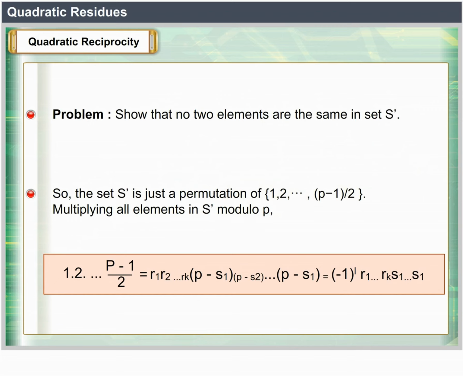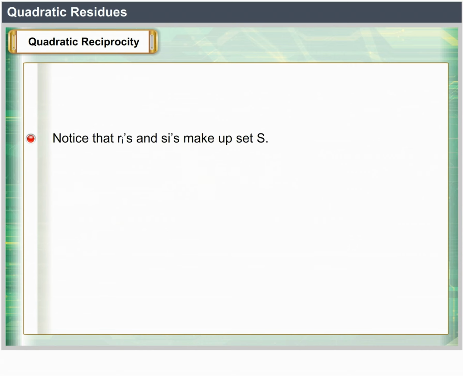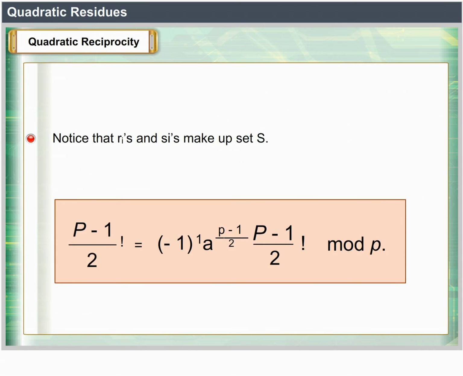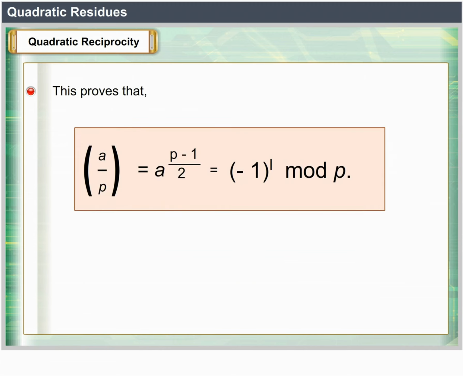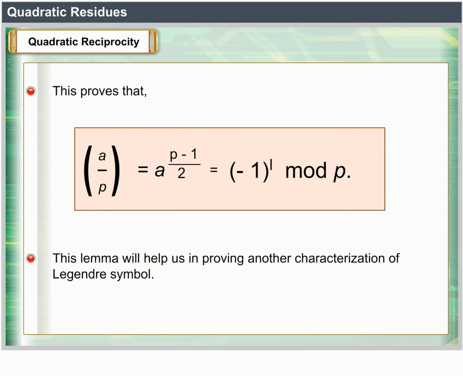Multiplying all elements in S dash modulo p is shown below. Notice that the Ri dashes and the Si dashes make up the set S, which is shown below. This proves that (A/P) equals A power (P minus 1)/2, which equals minus 1 power L mod P. This lemma will help us in proving another characterization of the Legendre symbol.